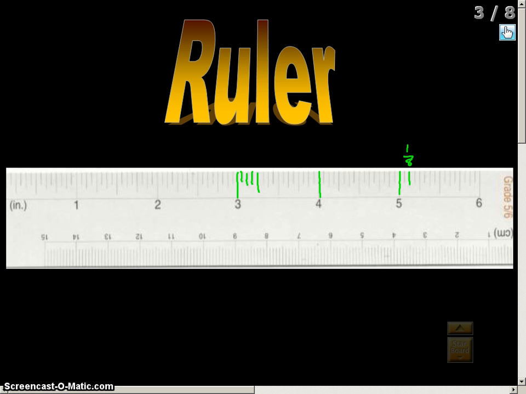Skipping a line, going to another line here, we have 2/8 of an inch, which you can simplify to 1/4 of an inch, and so on. This represents 3/8, 4/8 or 1/2, 5/8, 6/8 or 3/4, 7/8, and then 8/8 or 1 inch.